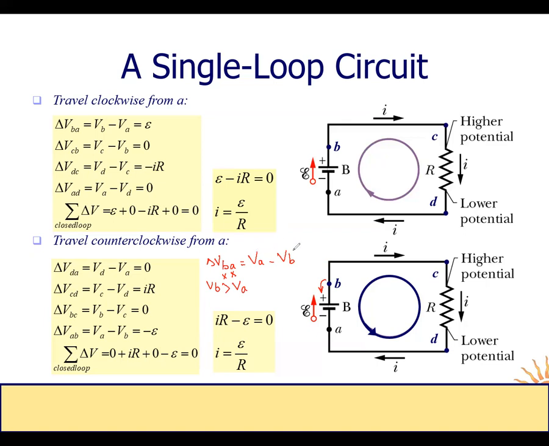VA minus VB must be negative because VB has a higher value than VA. Negative, I mean minus E. Finally, the summation of delta V equals IR minus E equals 0. So I equals E divided by R.